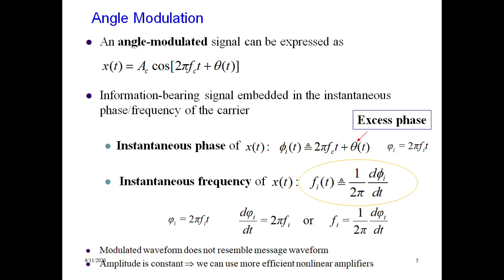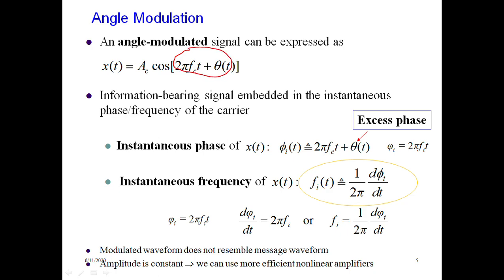Now we are going to focus on the main agenda, which is angle modulation. When we talk about angle modulation, we're focusing on this side. So this is the angle part.